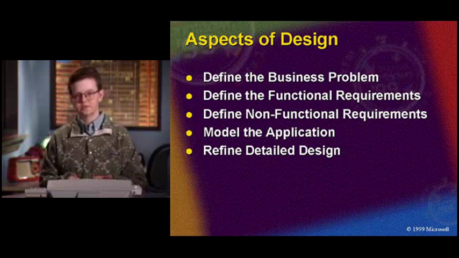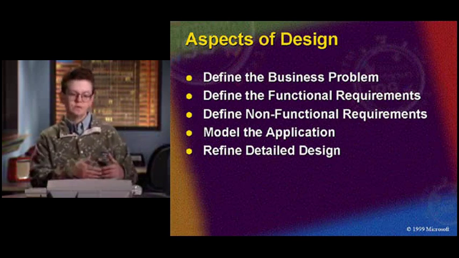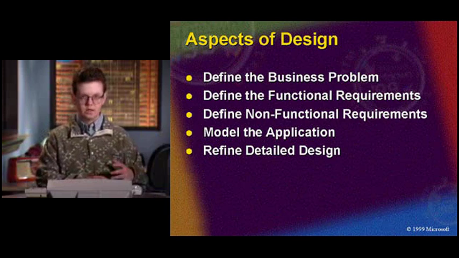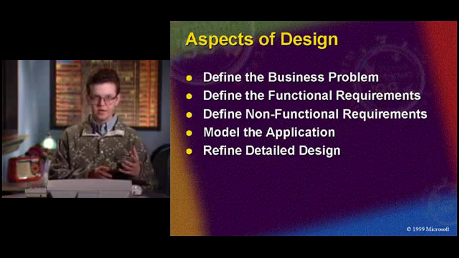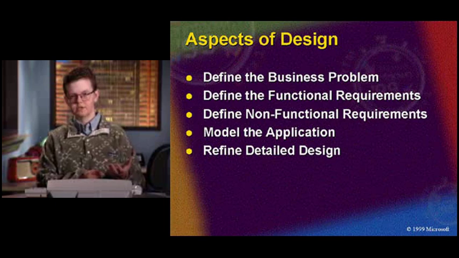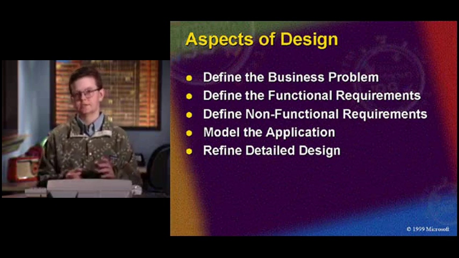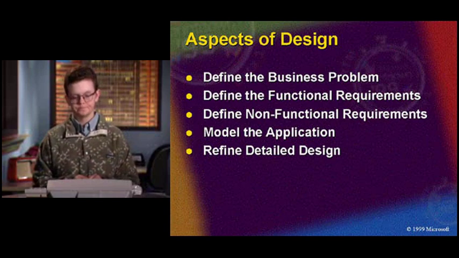That information provides some constraints on how you do your design. If you had a different constraint, that the internet browser we want to use for all of our business applications is Netscape Navigator, then you would have a different set of constraints on how you go about doing design.